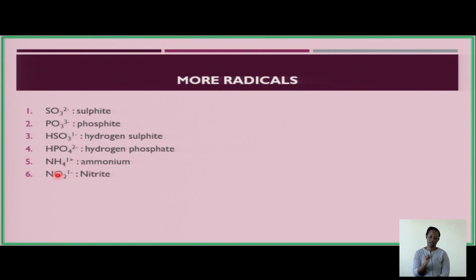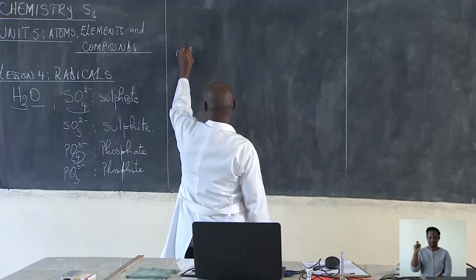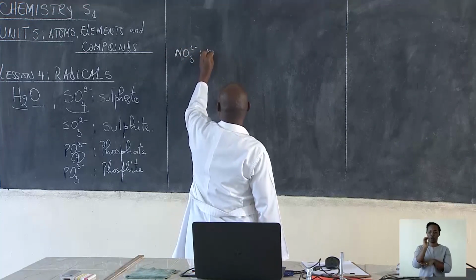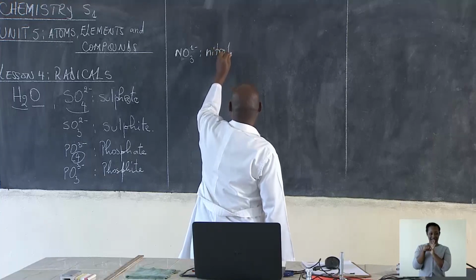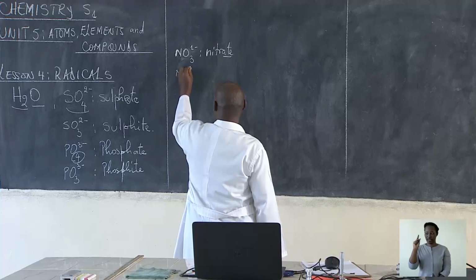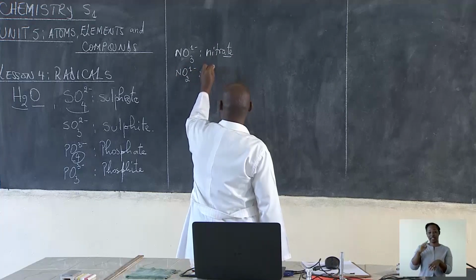We also have the nitrite ion, and for nitrite, when they contain nitrogen, if it is 3 oxygen atoms, like here, NO3 1 negative, it will be nitrate, ATE, and when it is 2, it becomes nitrite.